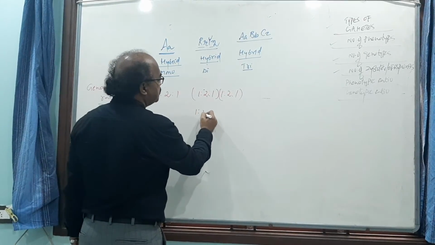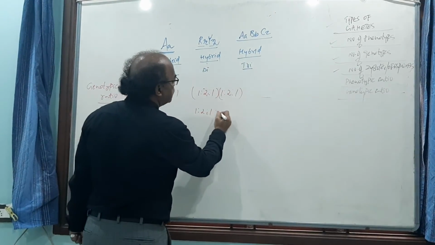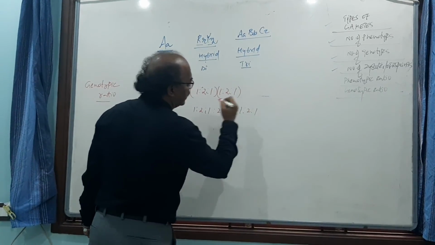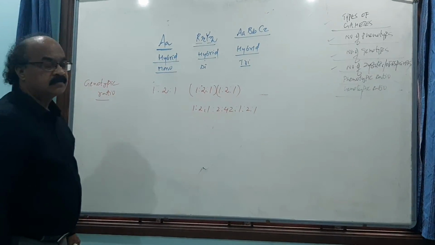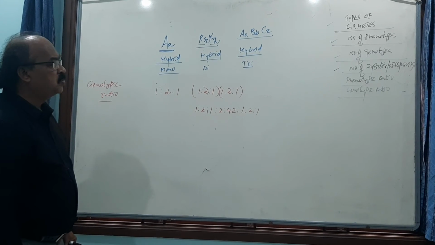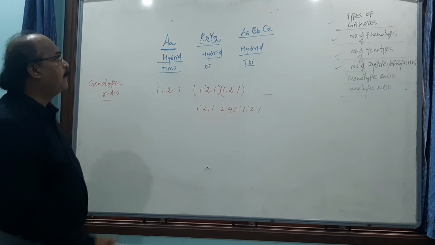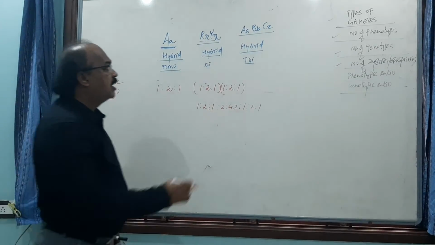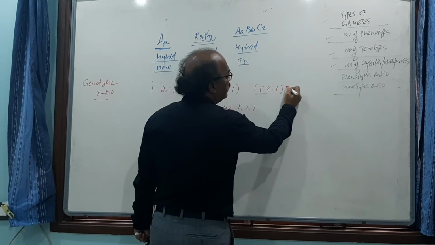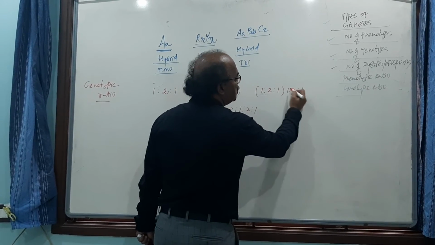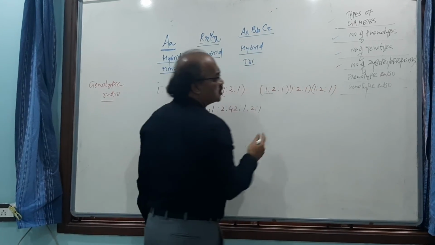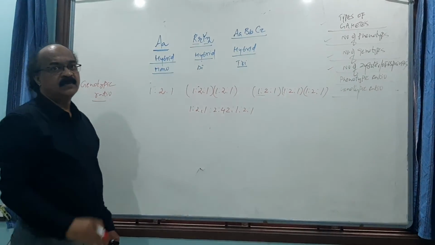You get 1:2:1, 2:4:2, 1:2:1. You get it. That is the genotypic ratio. For a trihybrid cross, 1:2:1 multiplied by 1:2:1 multiplied by 1:2:1, and so on and so forth.